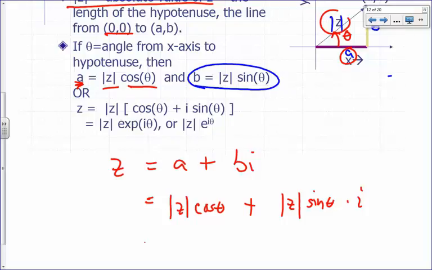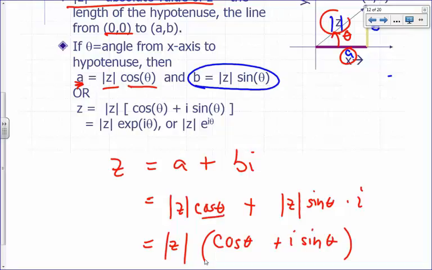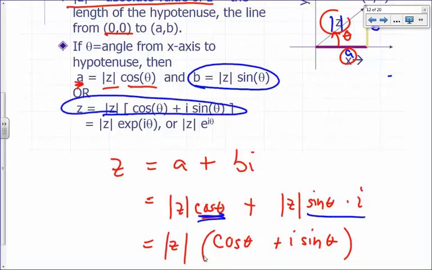So what can we do? We can factor out the absolute value of z, and what do you have inside? Cosine theta plus i sine theta, right? This one right here. Okay?